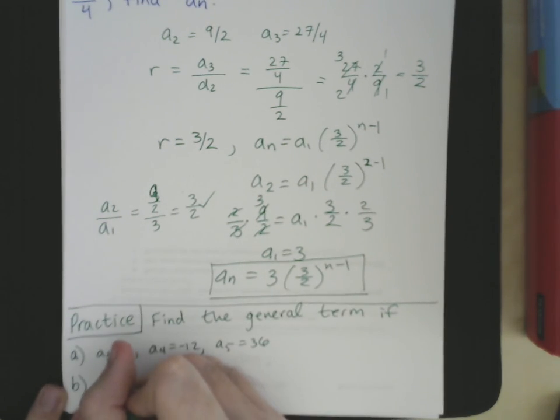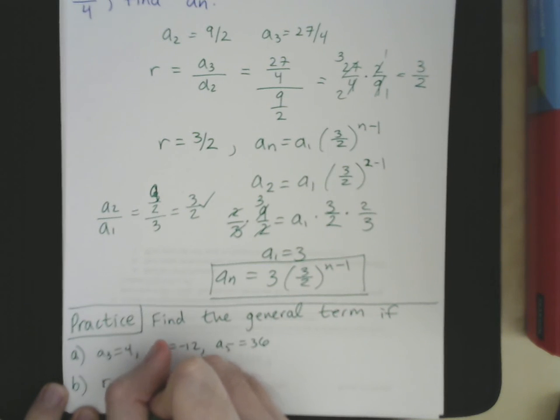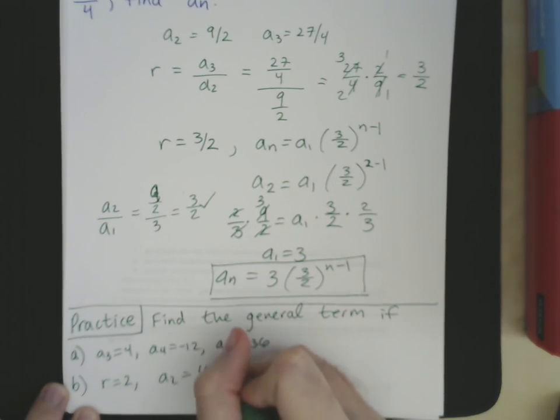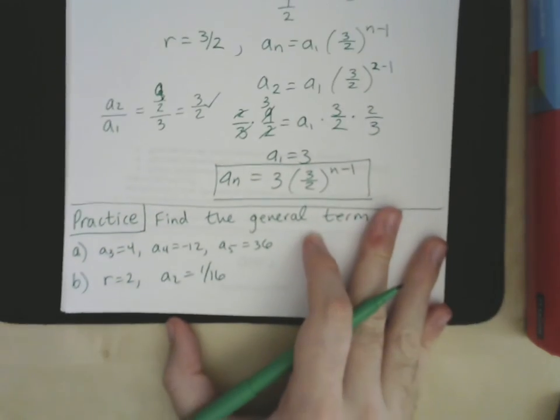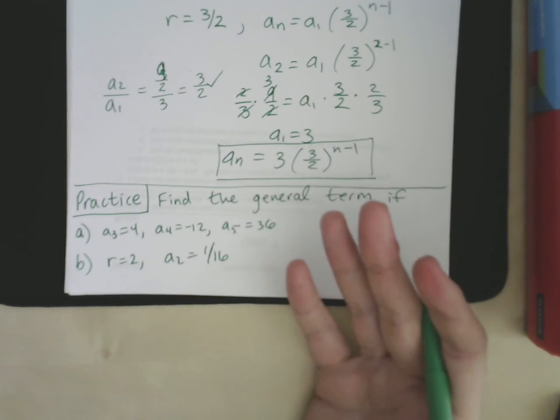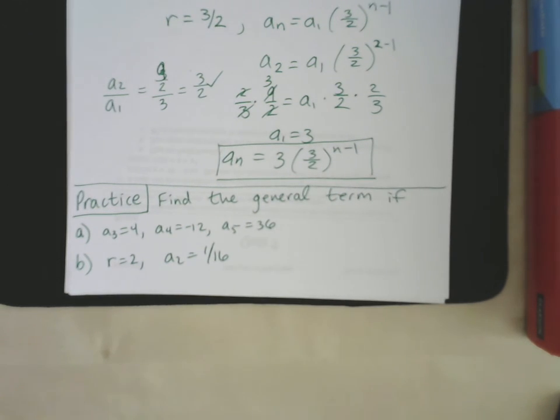And then B: r equals 2, a sub 2 equals 1 over 16. So two problems, two different setups. Both of these are geometric sequences. So I encourage you to pause the video and try and figure these out on your own.